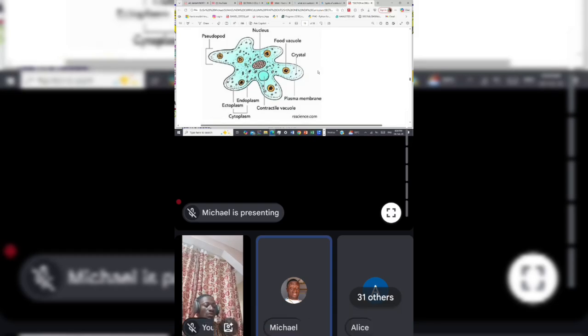That's the plasma membrane, or the cell membrane. It's very fluid, and that is the reason it can extend so that the fluid in it can move. As it moves towards the end of the cell membrane, it causes it to extend, and it causes what we call a pseudopodium, or an extension.